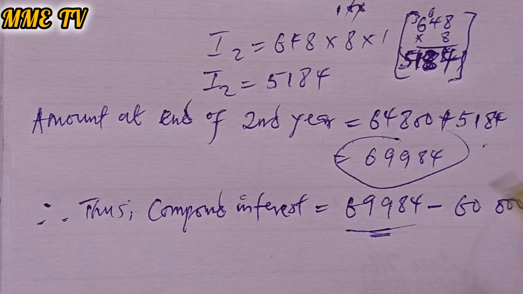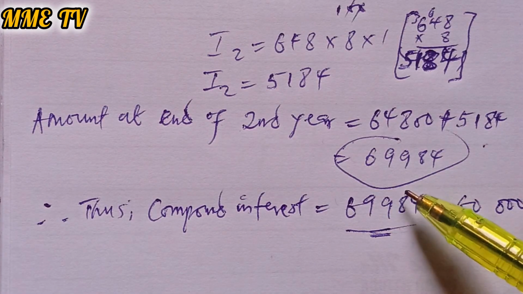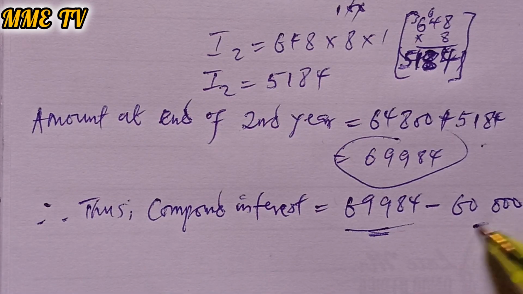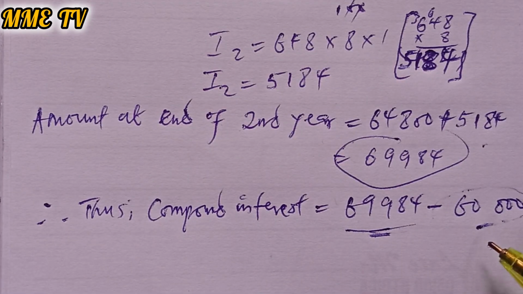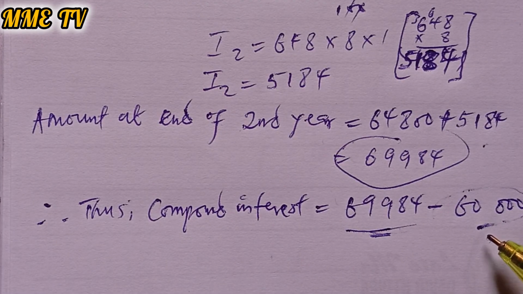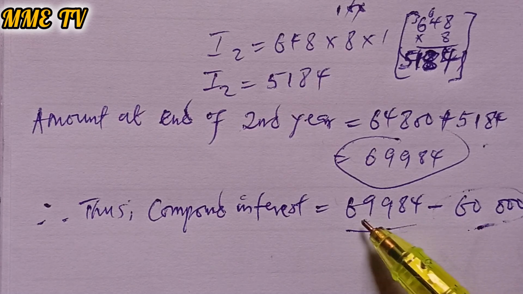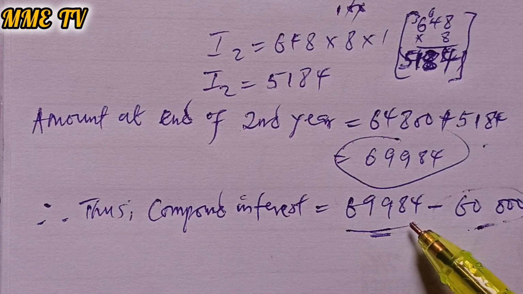It was a total accumulation for a period of 2 years, right? This particular amount happens to be the original principal given to us to solve this compound interest. I hope this is very clear. Then you subtract this 60,000 from 69,984.